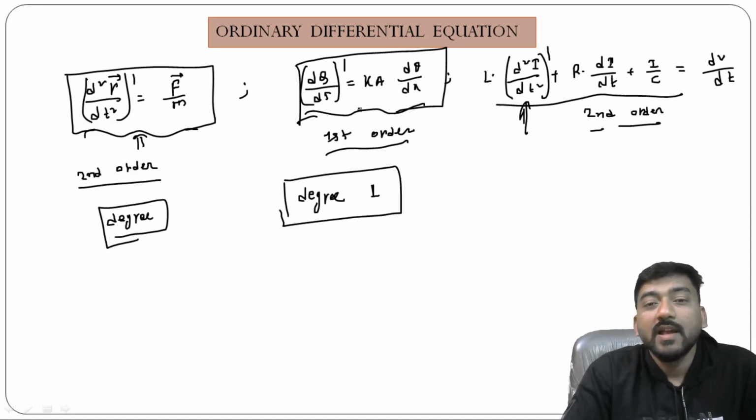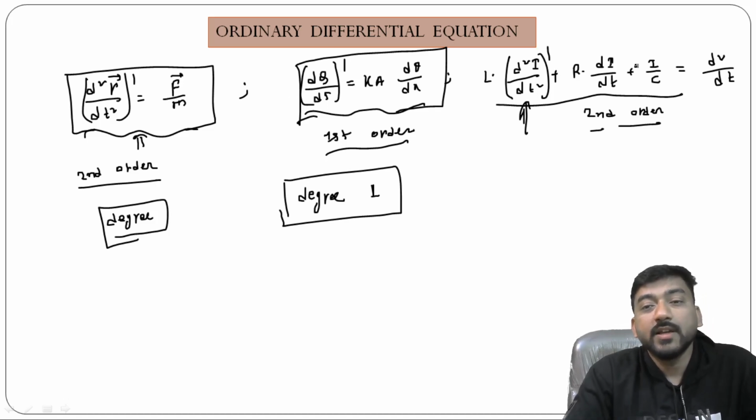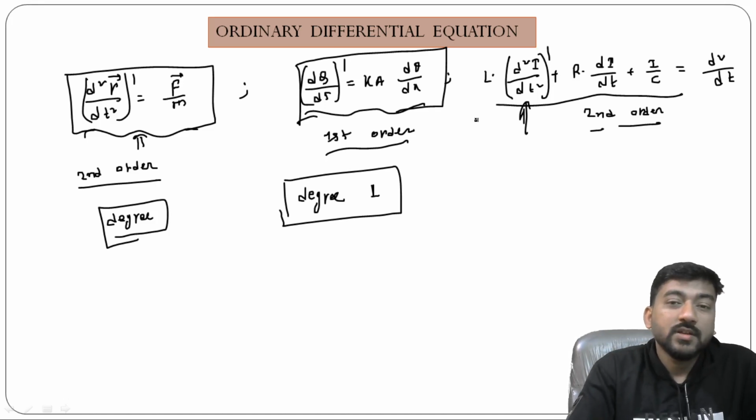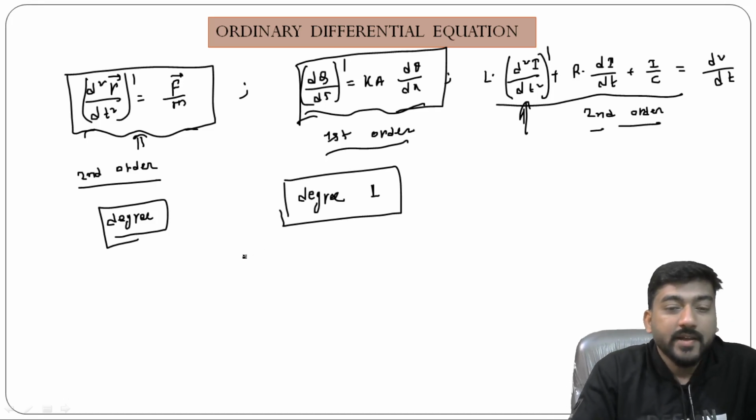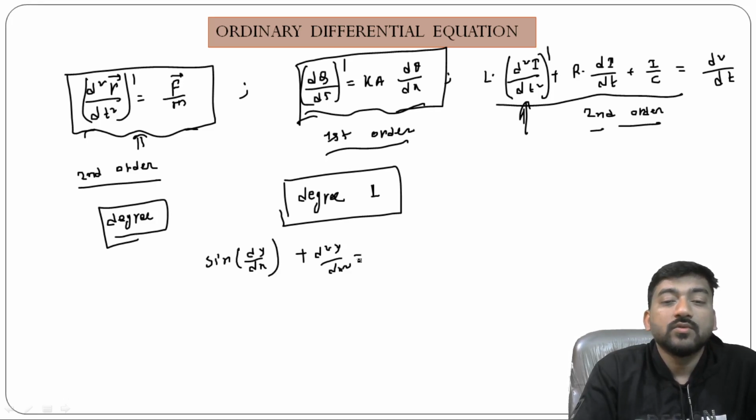The degree can only be defined if the differential equation can be expressed as a polynomial of the derivatives. I can give you an example. Suppose you have sin(dy/dx) plus d²y/dx² is equal to cos y.